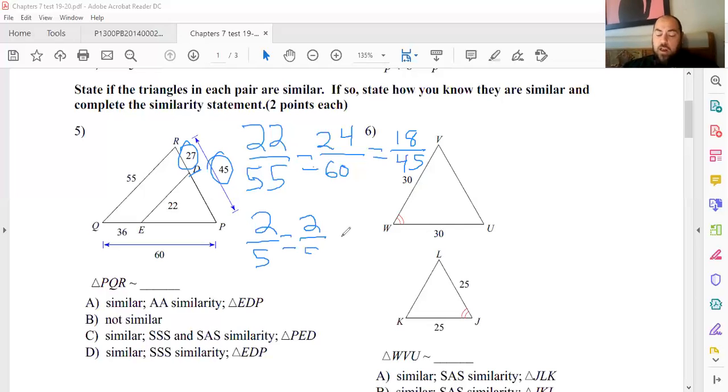So far so good. And the third one, 18 over 45, we're looking for 2 over 5 here. So we pull a 9 out. We get 2 over 5. So notice how all of these are identical. Therefore, they are similar, and they're similar through side.